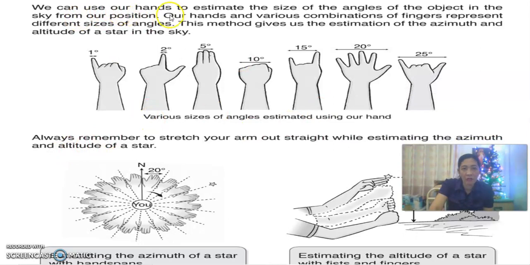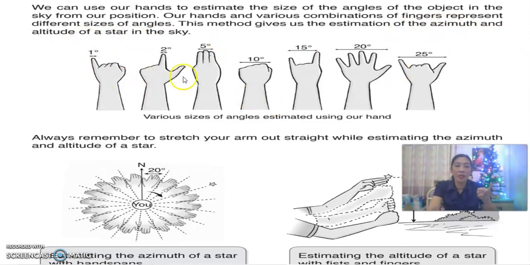We can use our hands to estimate the size and angles of an object in the sky from the position of our hands. The various combinations of fingers represent different sizes of angles. This method gives us an estimation of the azimuth and altitude of a star in the sky.